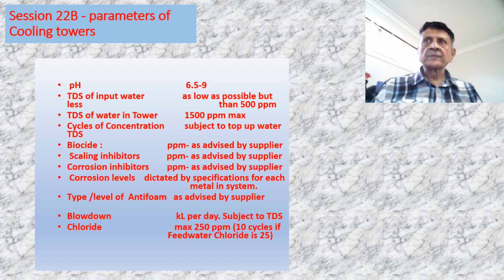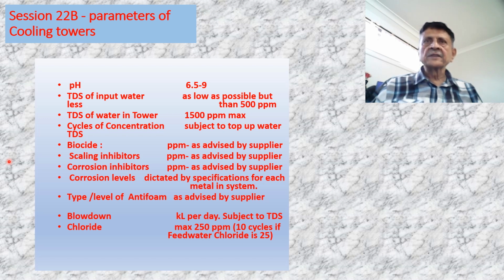But if you have 500 ppm, you have only a turnover of about 3, or what you call cycles of concentration at 3. So we have to juggle and work out the optimum cycles of concentration that is dictated by the total dissolved solids of the water in the tower and the TDS of the feed water.